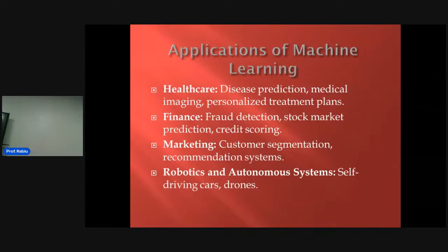So that AI can help in prediction of the credit scoring. Then market customer segmentation and recommendation systems. We have different types of programs, right? We have digital skills, we have software development, we have emerging technology, we have artificial intelligence.